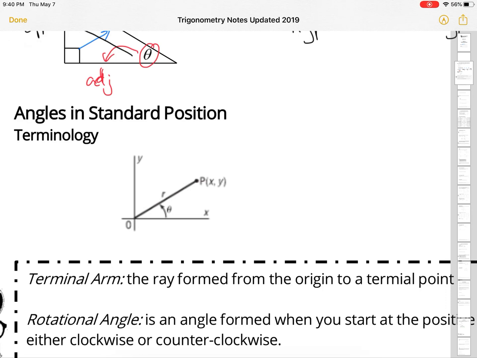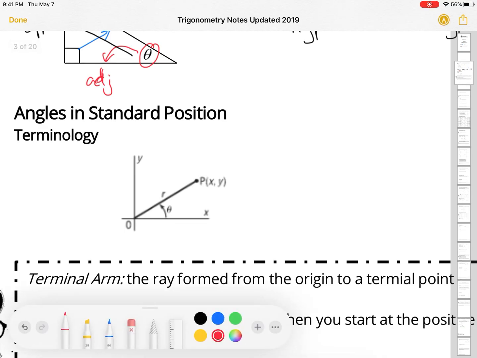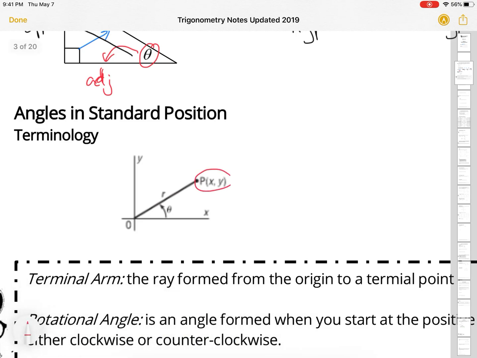Okay. We're also going to talk a bit about angles in standard position. This is when we're looking at a rotational angle. If we think about our Cartesian plane, our x and y axis, almost like a clock, where the origin is something that we can have an angle or a line that rotates around, then we have an angle in standard position.